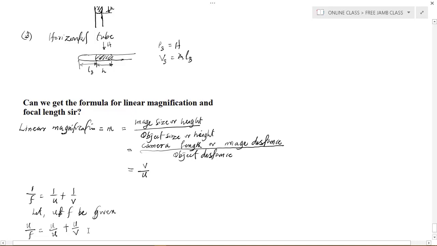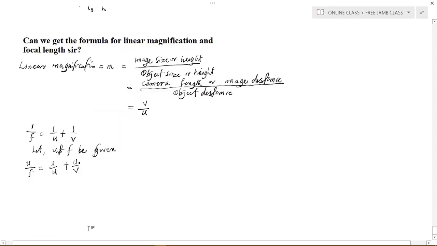And from there, U over F equals 1 plus U over V. So in this case, we have U over V equals U over F minus 1. You do that very well.